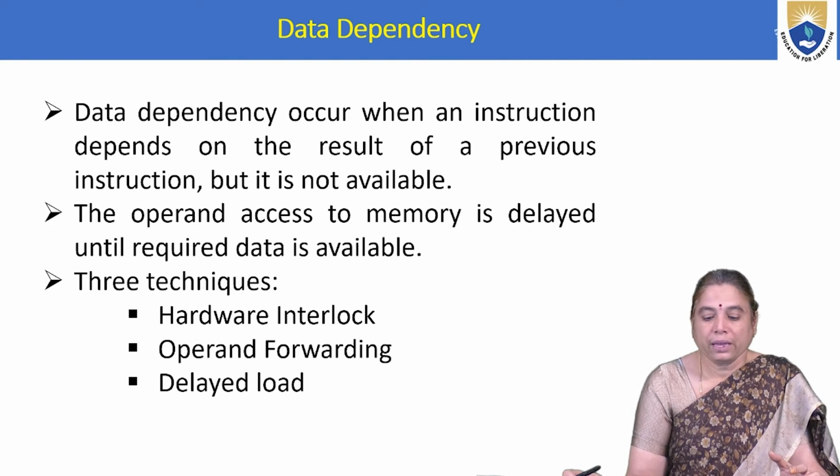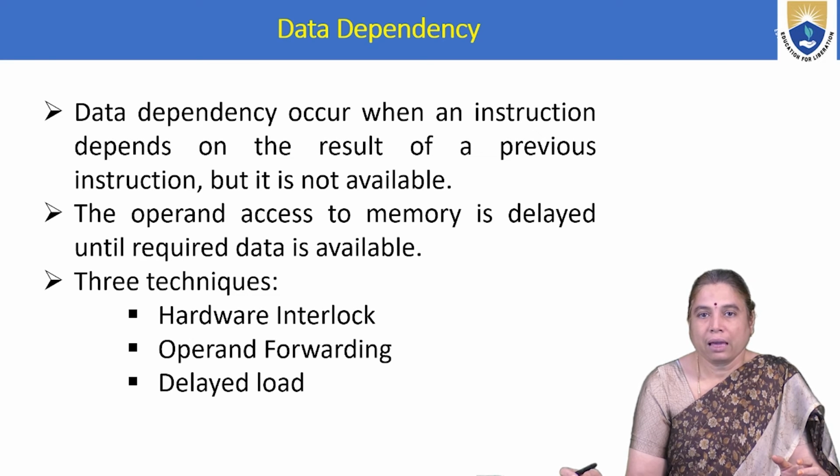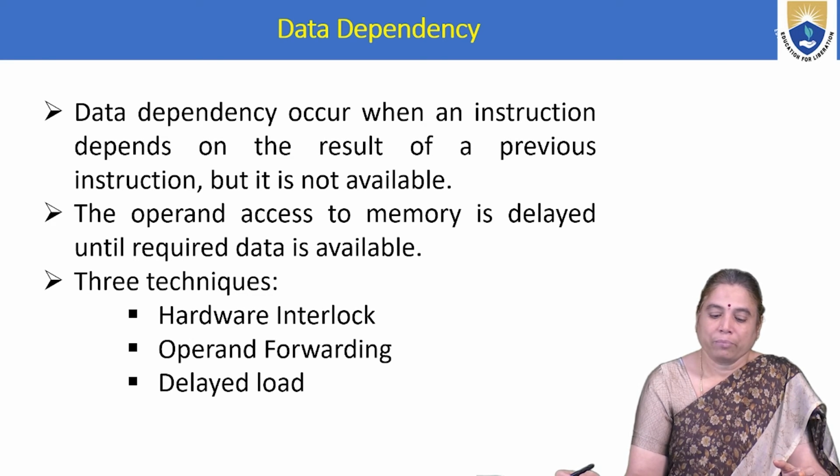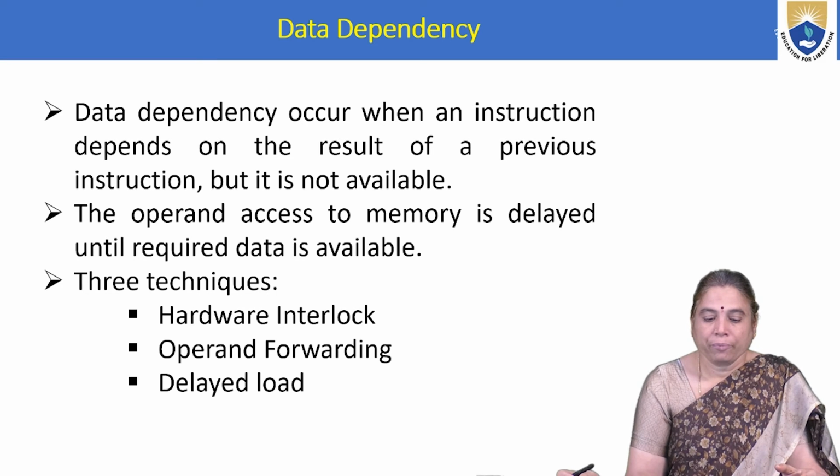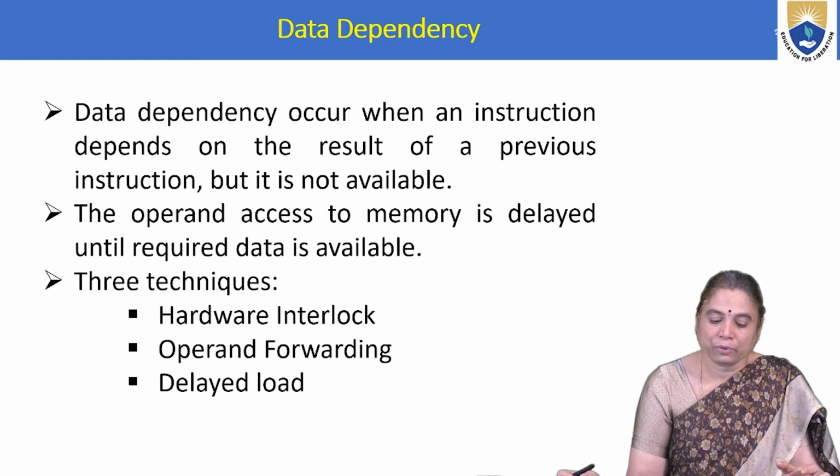One is hardware interlock. The needed data can be locked so that after utilization it becomes available for the next segment. Operand forwarding: the operands or data required for the instruction execution are predicted and made available for the process.